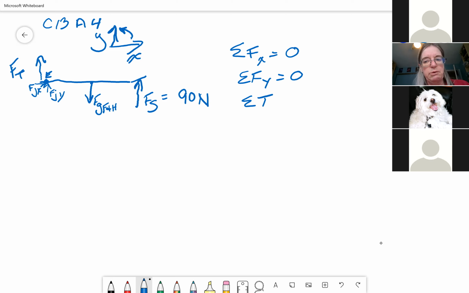And because it's an equilibrium, we can choose any point on our system to do this with. So we will go around the elbow equals 0, because alpha, the angular acceleration, also equals 0. So let's start with the sum of the torques.